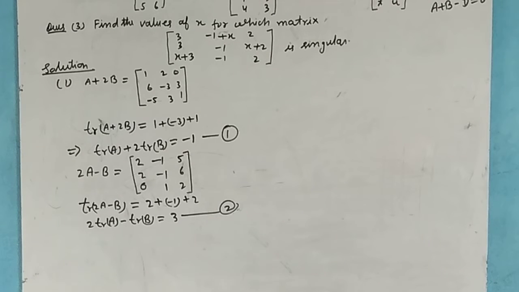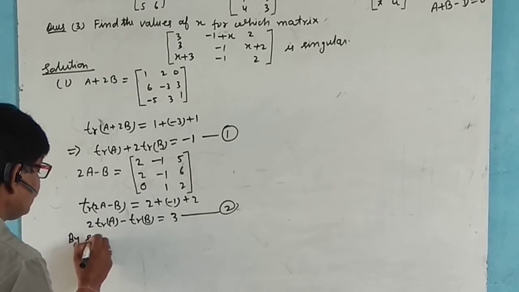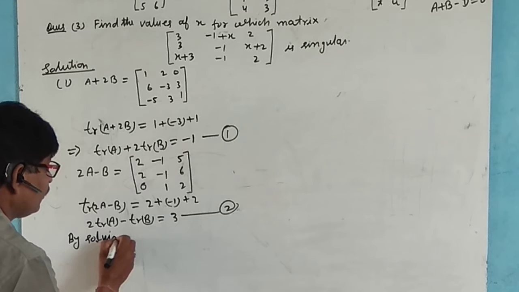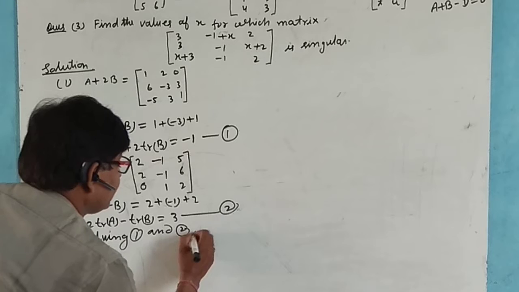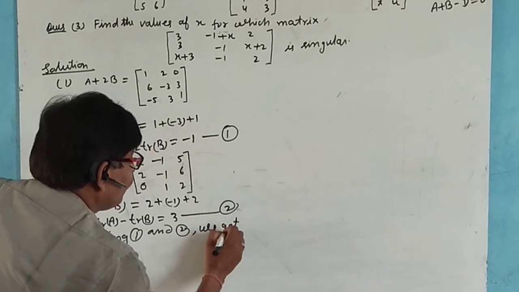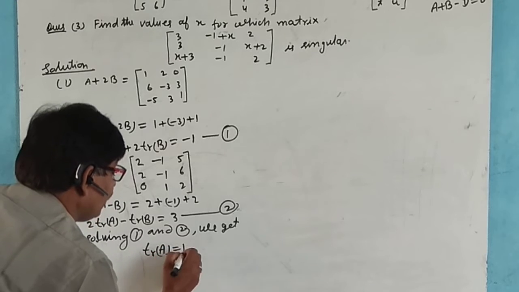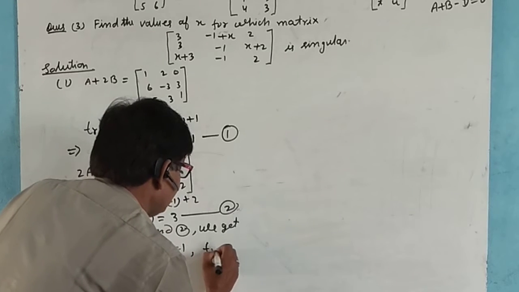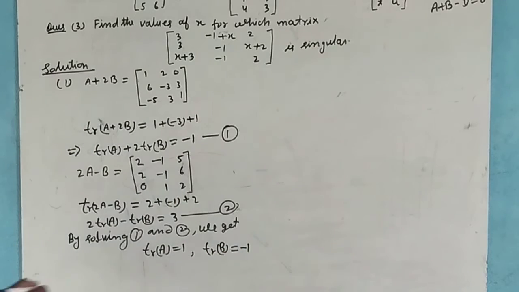Now by solving relations 1 and 2, we get trace A equal to 1 and trace B equal to minus 1.